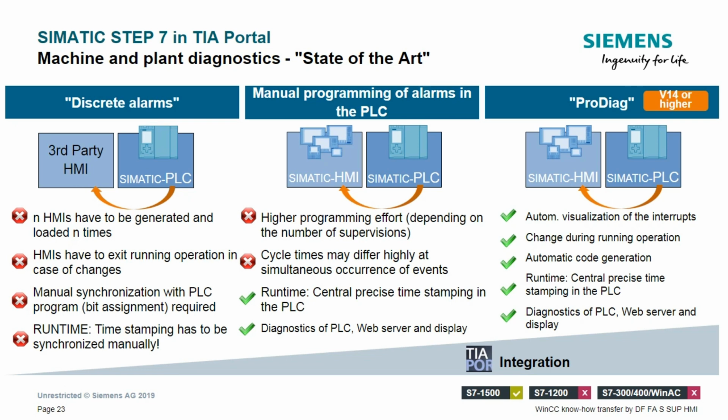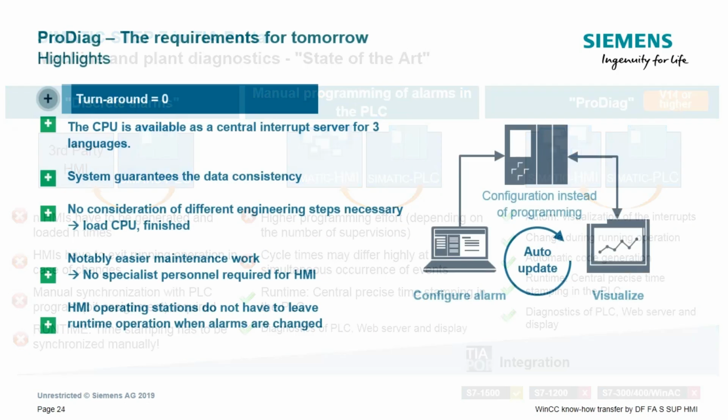Switching to the next slide, when we talk about advantages or highlights, one other big highlight is that you do the whole alarm configuration in your engineering. You download the engineering to the PLC, and the visualization system is actually just getting the alarms from the PLC itself.